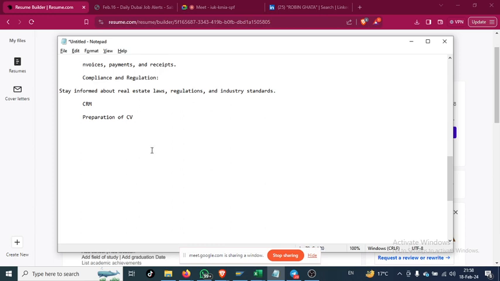Okay, so the preparation of the CV will start with a story. What kind of a story? It can be a success story, or it can be an emotional story. It can be a story of achievements, struggle, learning, current challenges, projects and assignments.